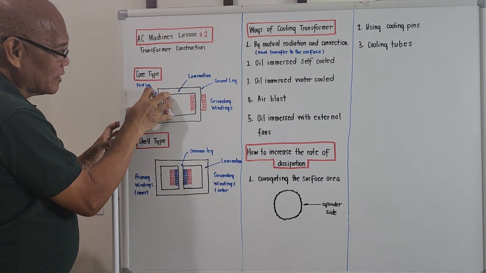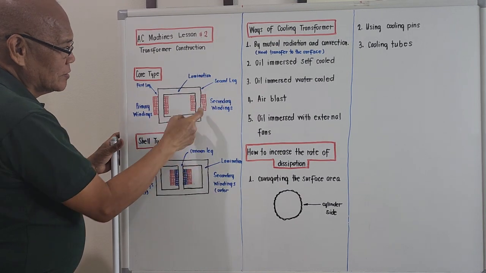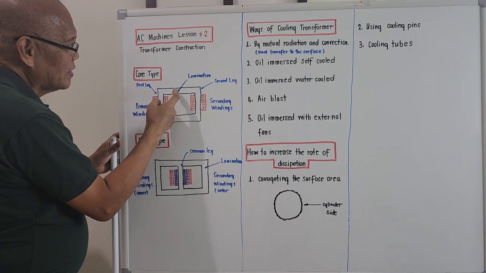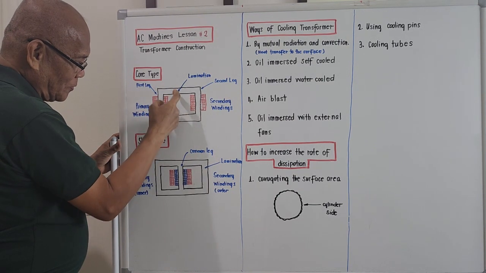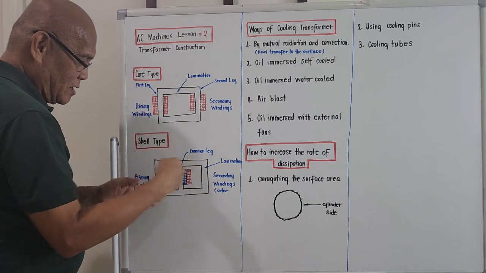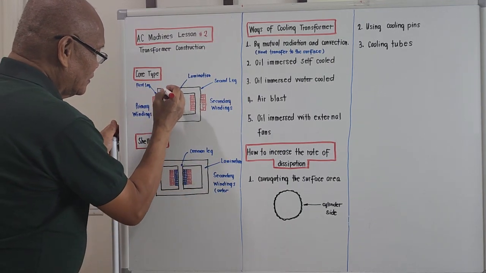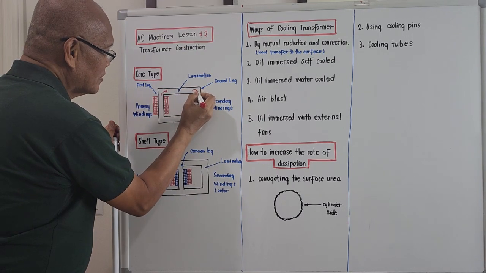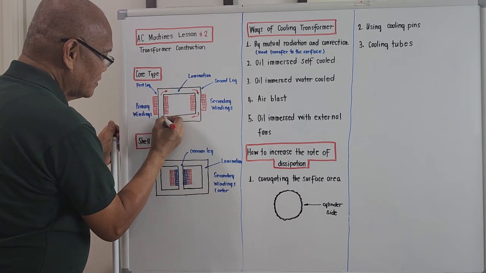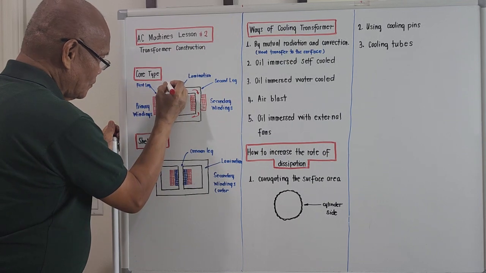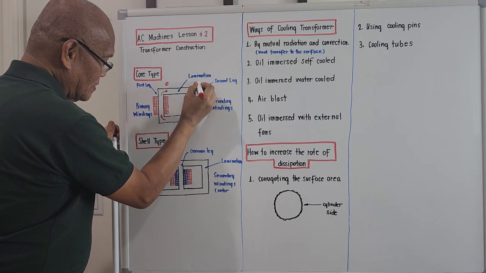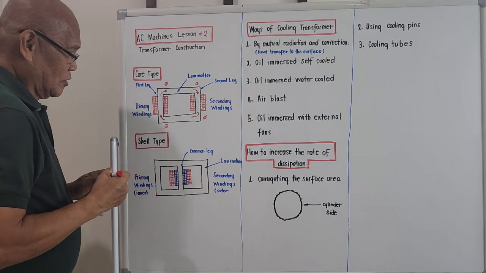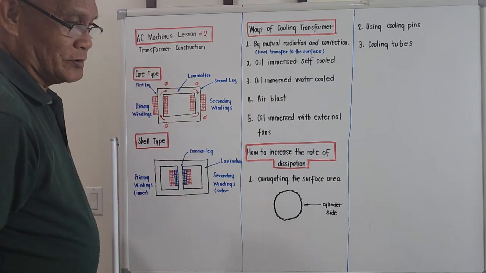First leg, second leg, secondary windings, primary windings. This is the common core lamination, the steel plates in which the flux will run. This is where the flux will move: the magnetic field, flux. So for a core type, that's the construction.